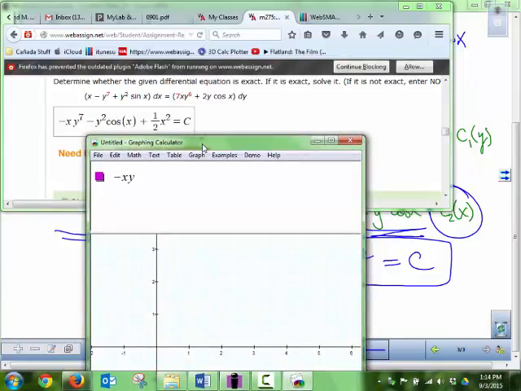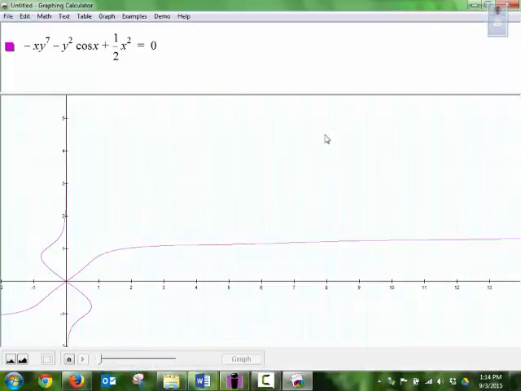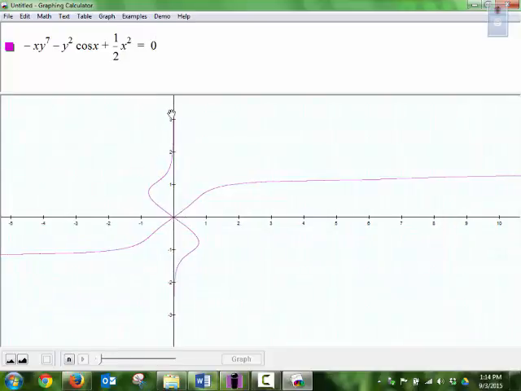Minus x times y to the 7th minus y squared cosine x plus 1/2 x squared equal to, let's see, set it equal to 0 and see how it looks. Ooh, cool. Equal to 1. 2. Wow. That's cool. Negative, maybe?